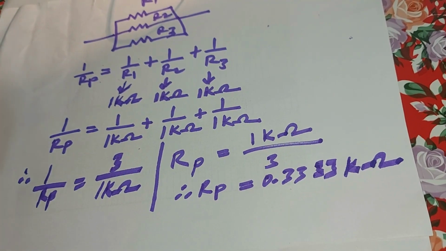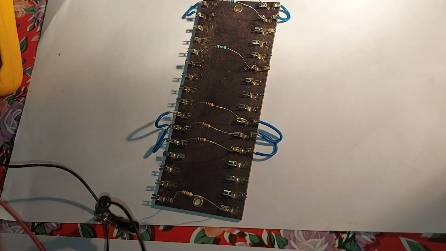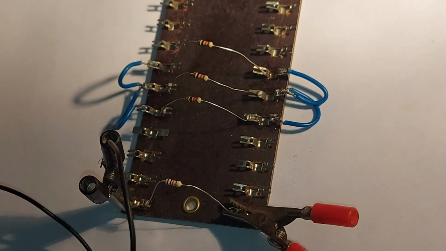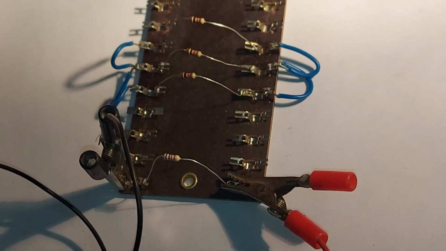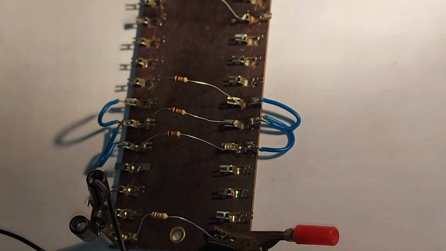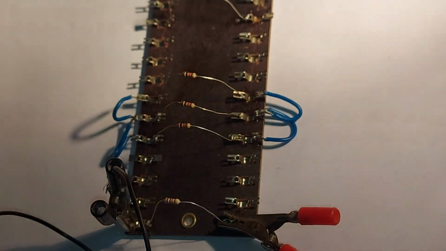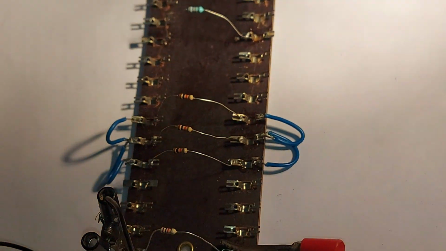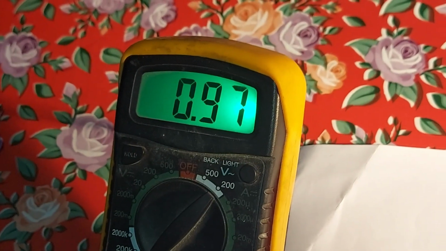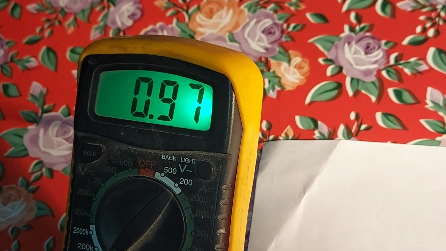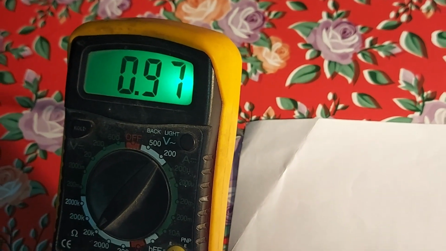Now what I had done is I had connected these on the tag board here. Now you can see that the value of this resistance R1, by doing this experimental part, comes out to be, you can see in the digital multimeter, 0.97 kilo ohm.